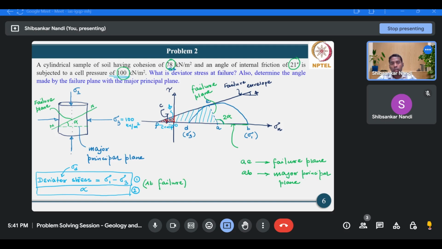Now if we consider this triangle again, triangle AEA, so this is your 90 degree.